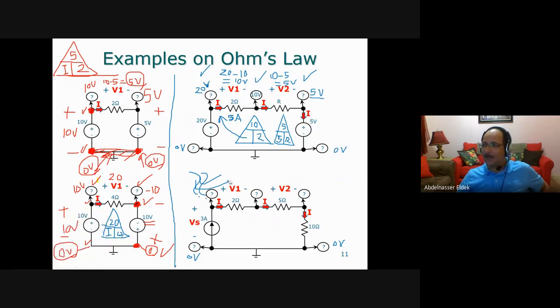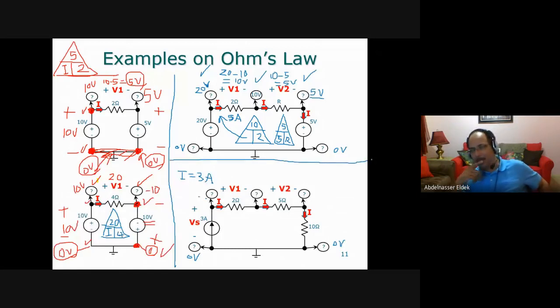Okay, so let us think about something else. Let's see what is given. What do we know? This is a current source. If we have a current source here, then we know the current. Then this current I equals 3 ampere, because we know this from the current source.